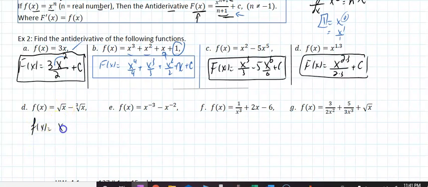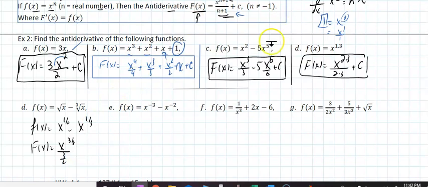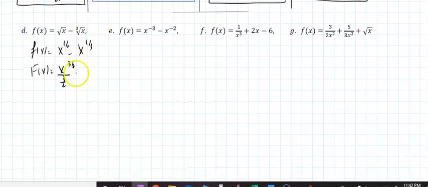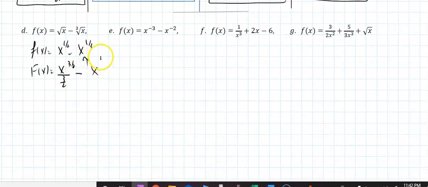Similarly, if I get to this problem, well, I'm going to write f of x as a power function. That's x to the 1/2 minus x to the 1/3. So F of x must have been add 1 to the power, divide by that, minus, add 1 to the power, 1 plus 1/3 is 4/3, divide by that.